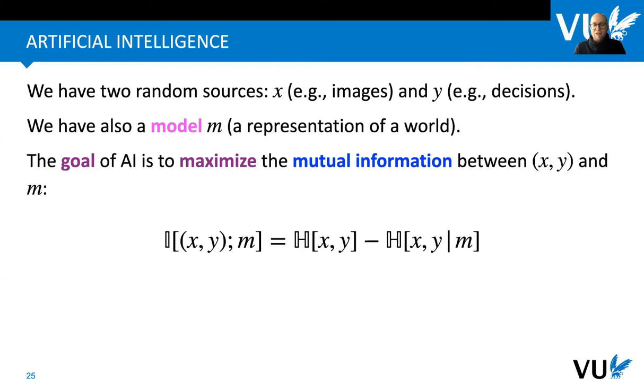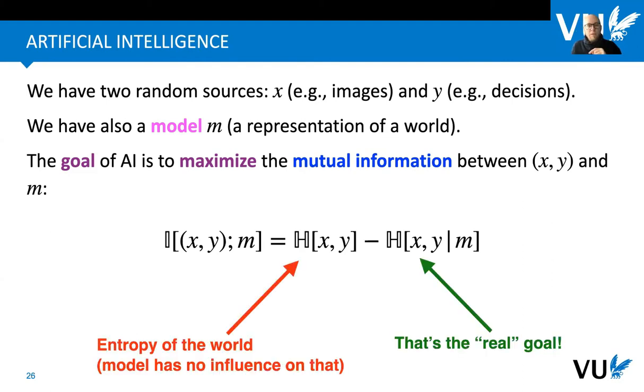So if we now look at this definition, I just rewrote what we had before using these three random objects, X, Y, and M. So now we can start thinking, all right, let's say that this is our problem. If we look at the first part, the joint entropy, we see that the entropy of the world is not influenced by the model.